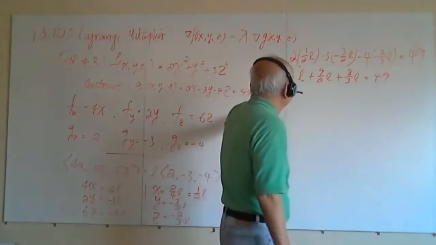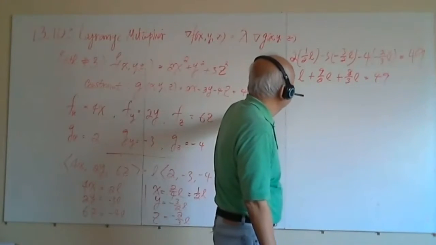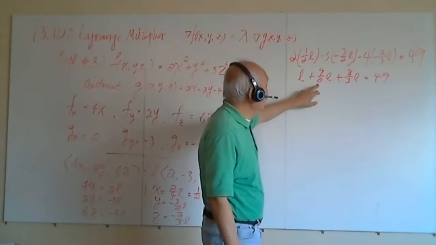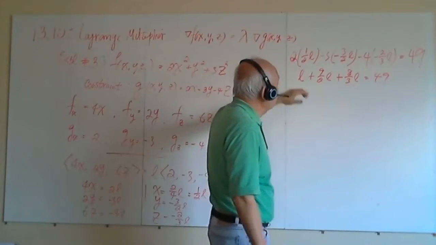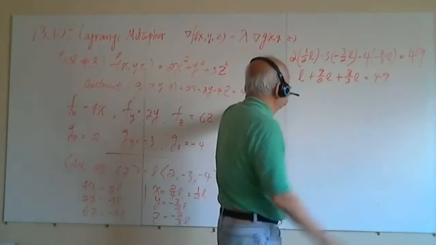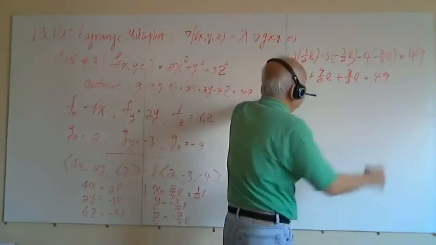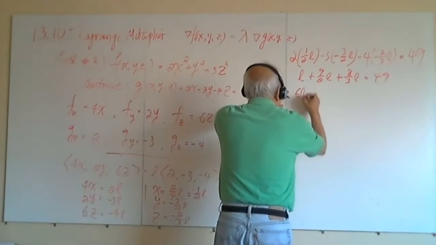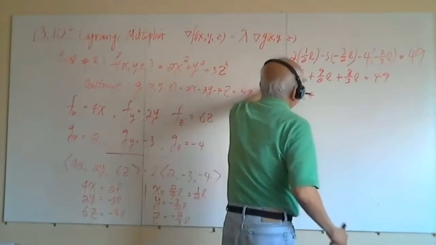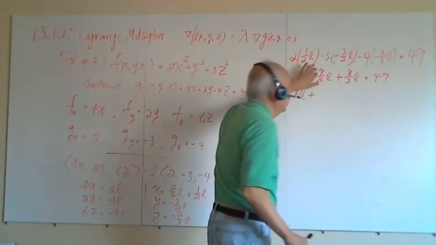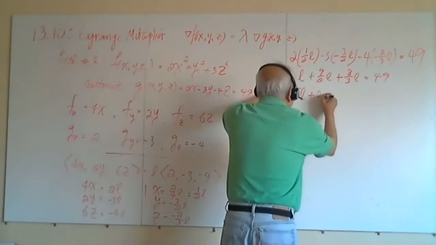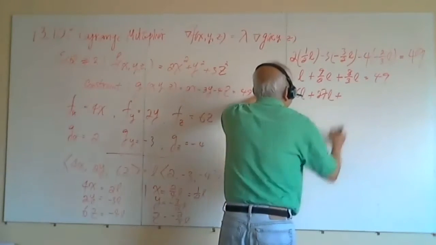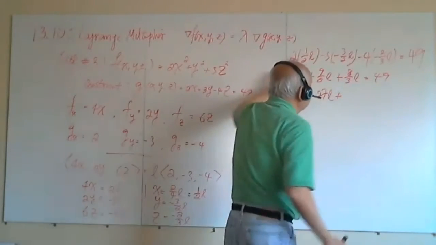Yes, okay. Now, it looks like I have to multiply by 6, left-hand side and right-hand side. So if I multiply by 6, this one becomes 6L, and then this one is going to be, meaning that 9, I have to multiply 9 by 3, am I correct? Yes? Okay. So it's going to be 27L.